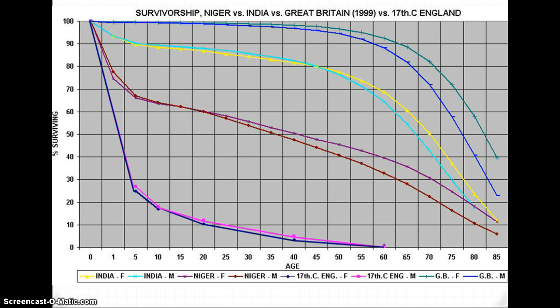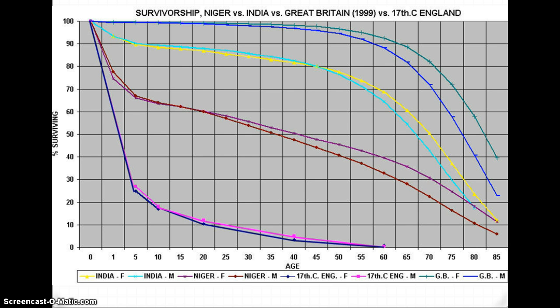You look at Niger, and it does not follow quite as extreme a type 3 survivorship curve because of medical and nutritional advances, but you still see that sharp drop in the percent surviving in the ages 0 to 10, and then it starts to even out as they get older.